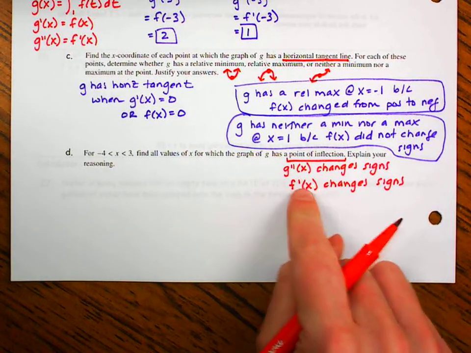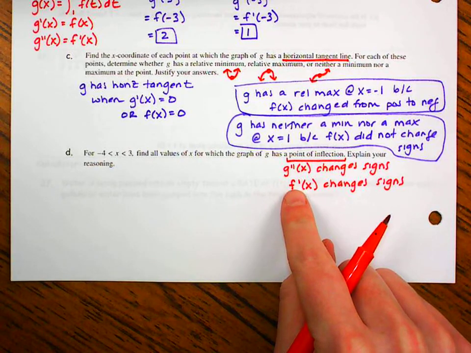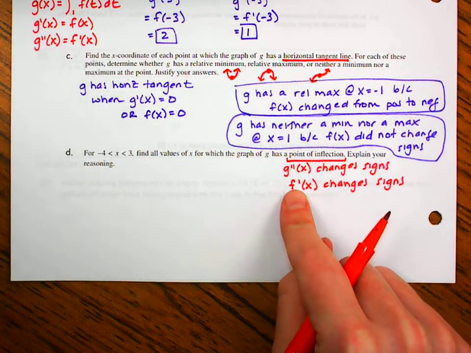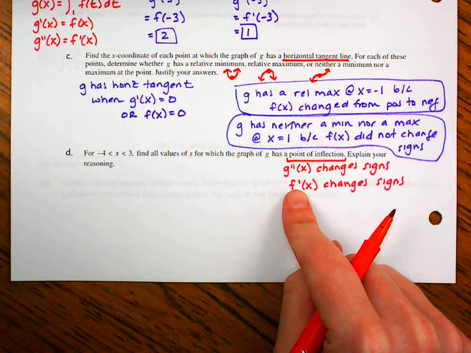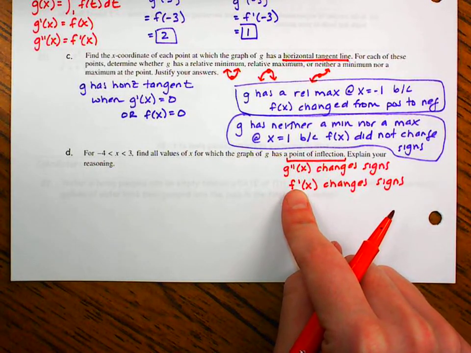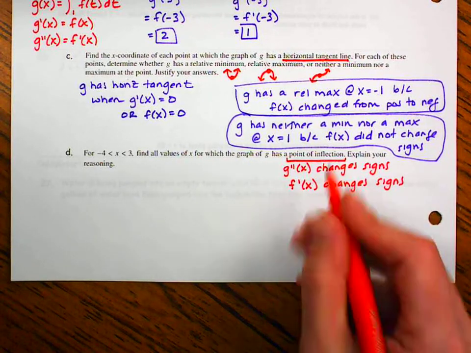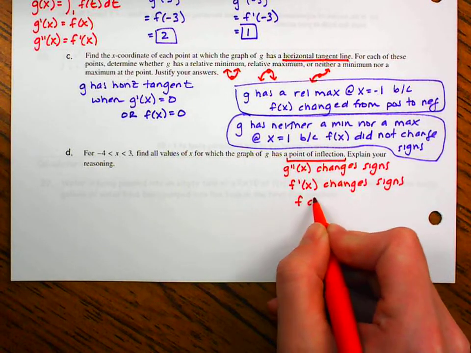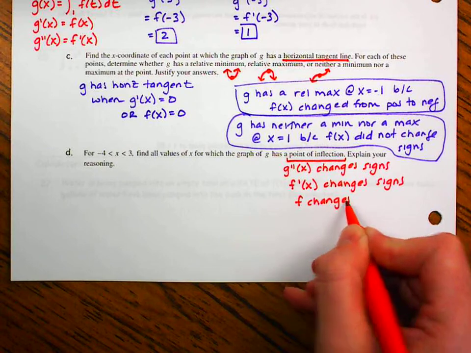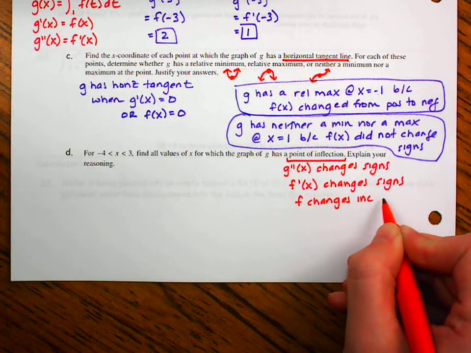Well, the way I can think about this, if I'm thinking about where the derivative of f is changing signs, when the derivative is positive, that means my slope is positive, I'm increasing. So another way to think about this is f changes from increasing to decreasing or decreasing to increasing.